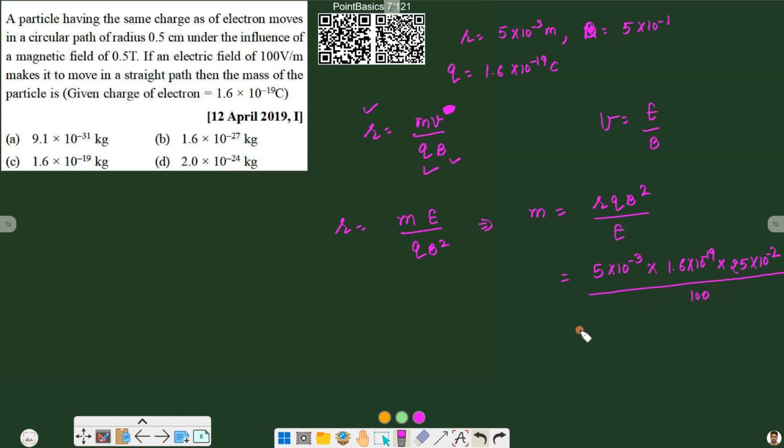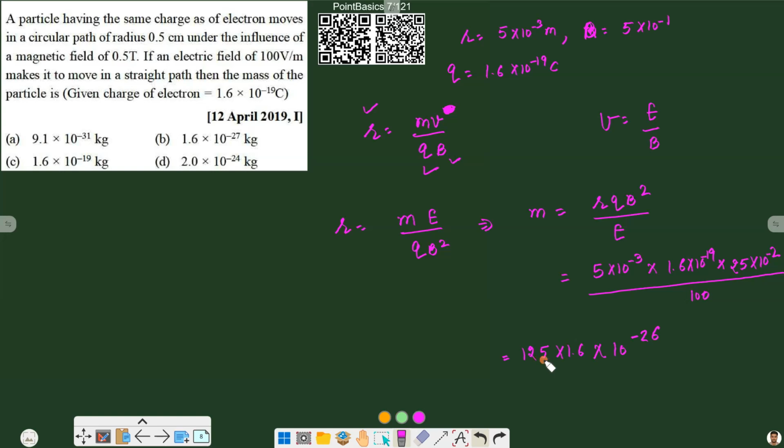So what we will have, 125 into 1.6 into 10 raised to power minus 22 and minus 24 and minus 2, minus 26.